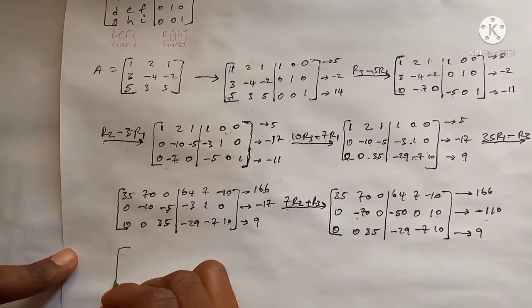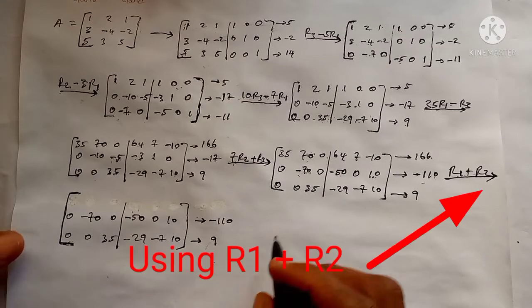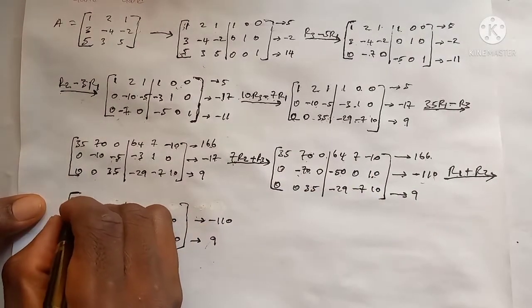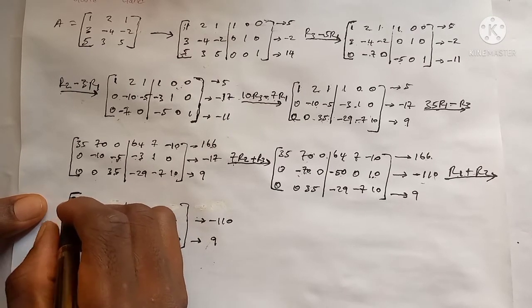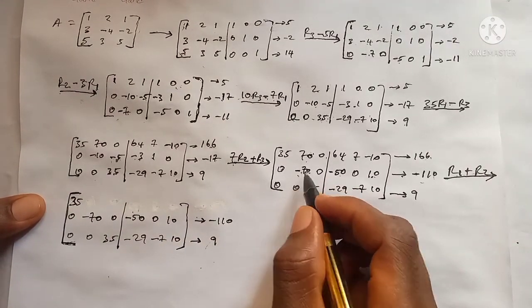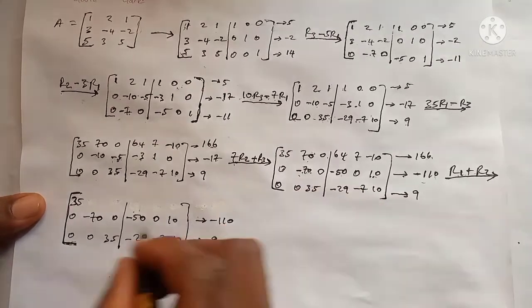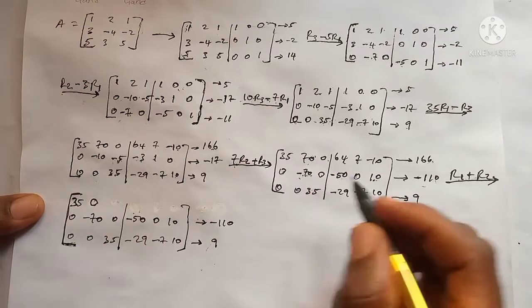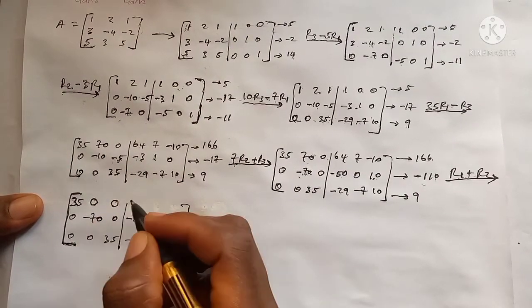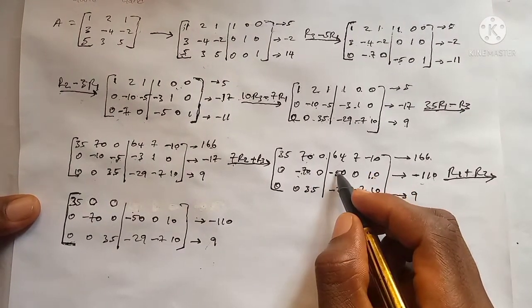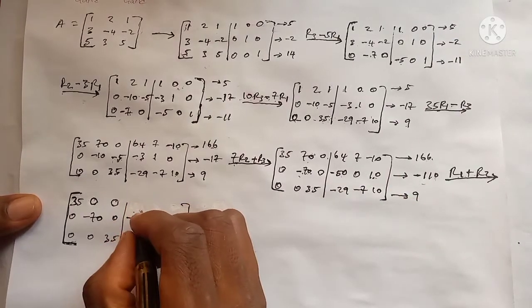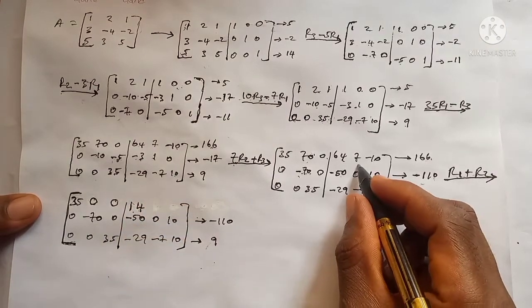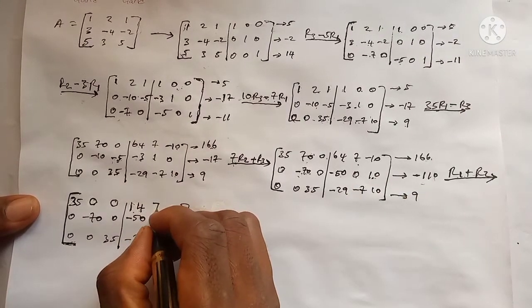So 35 plus 0 will give us 35. 70 plus minus 70, the same thing as 70 minus 70, which is equal to 0. 0 plus 0 is equal to 0. 64 minus 50 will give us 14. 7 plus 0 is equal to 7.